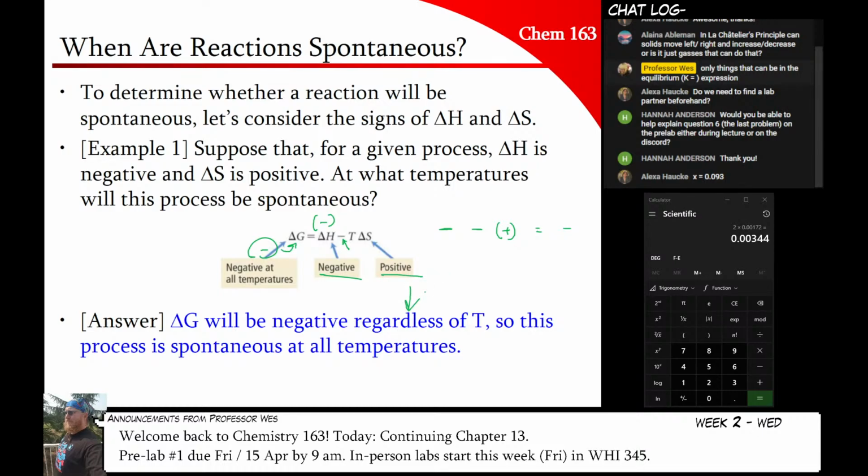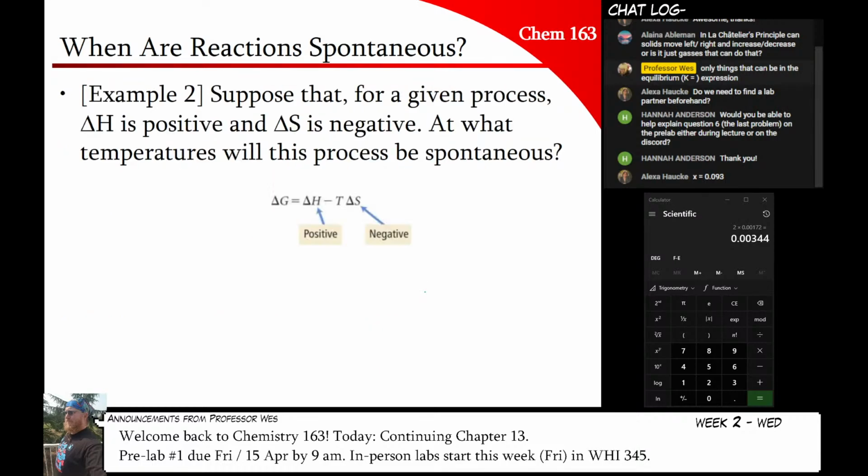Cool, let's do another one. I'm going to flip the signs here. So now I have a positive number. I'm going to subtract that from a negative number, which is basically, or I'm going to subtract positive minus a negative number, which is like adding, right?